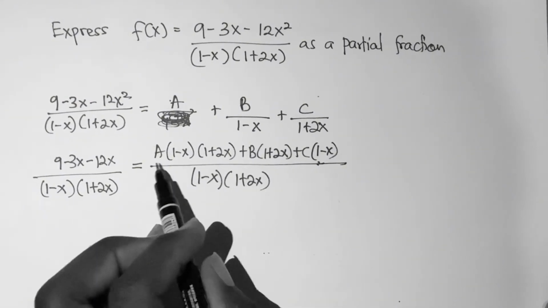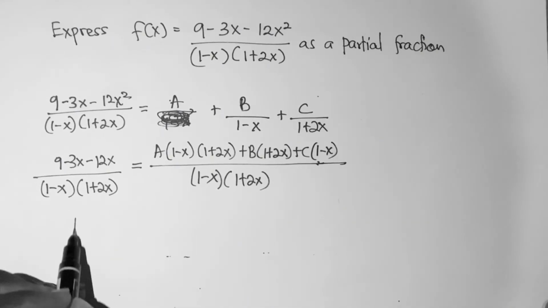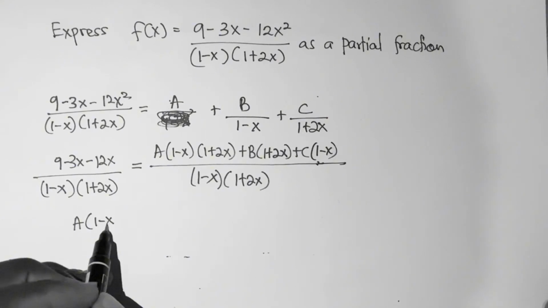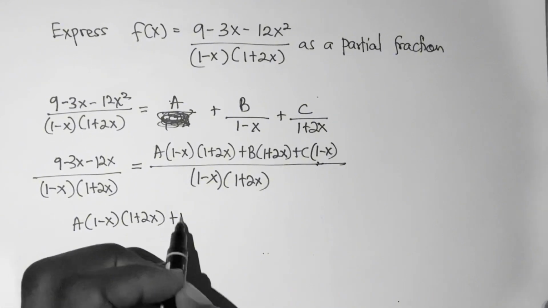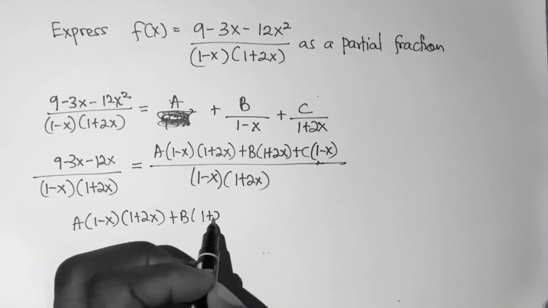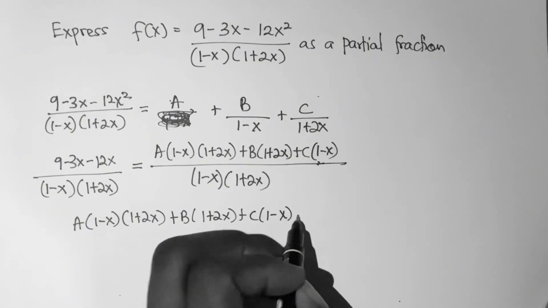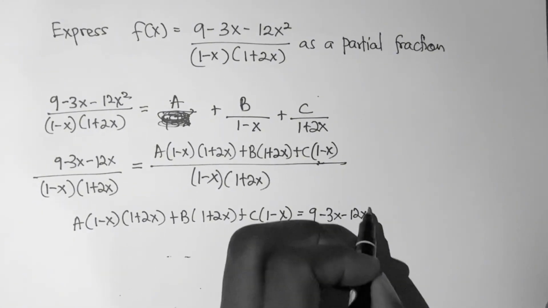So now, since the denominators are equal, we can equate the numerators. So therefore, a times 1 minus x times 1 plus 2x and plus b times 1 plus 2x and plus c times 1 minus x is equal to 9 minus 3x minus 12x squared.